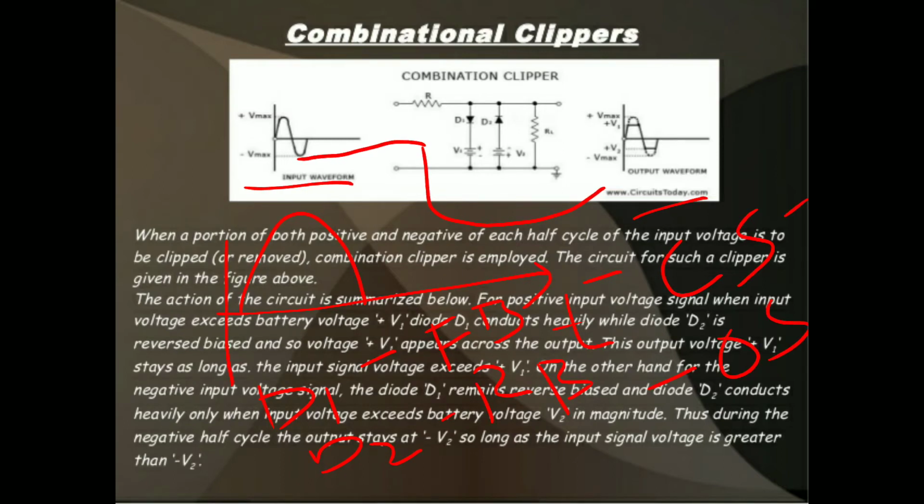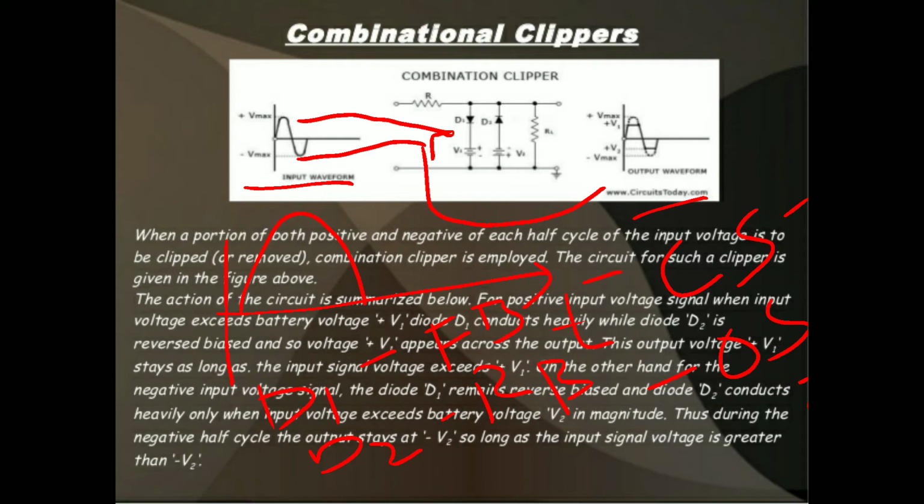D1 is in on condition, D2 is in off condition. The voltage flows through the D1 diode, while D2 is in off condition, so no current flows to the D2 diode. From the D1 diode, the input passes to the reference voltage. The reference voltage, which is fixed at some voltage, that voltage only will appear at the output side.